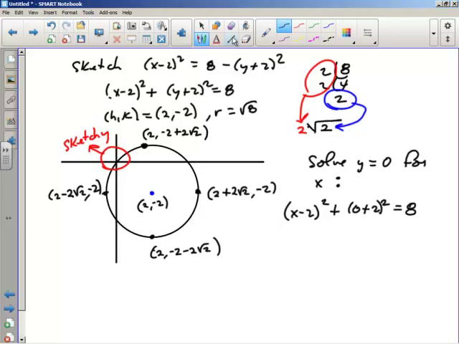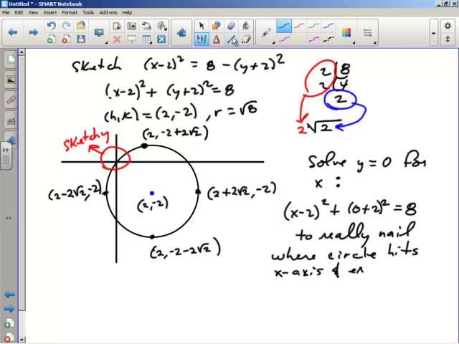But you need to solve that equation for x to really nail where the circle hits the x-axis and the exact position of the y-axis. But this is generally a good enough sketch for where we are and what we're trying to accomplish here. I hope that's okay with you.